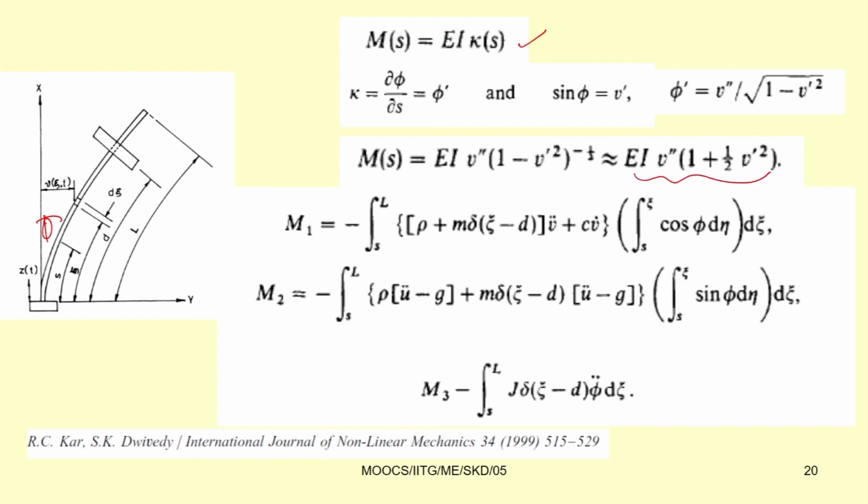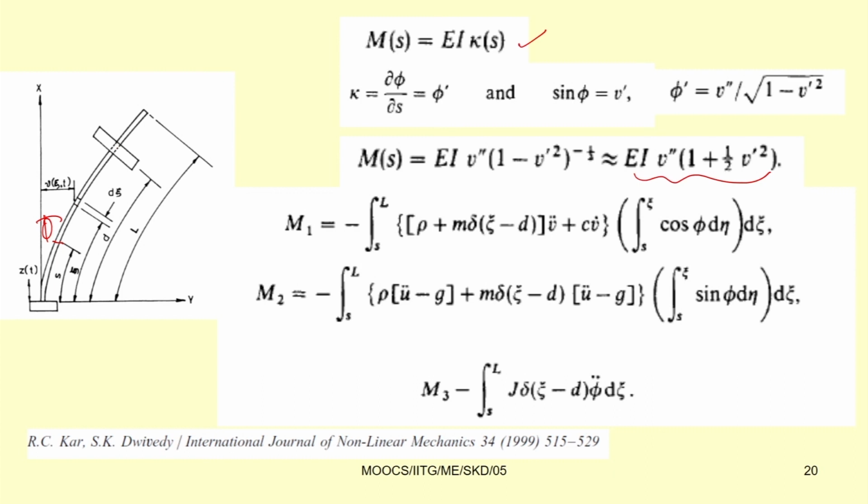Now taking the moment about this point S, at a distance S, let us find the moment, taking a dummy variable d eta. We know the forces acting in the system, as already explained.